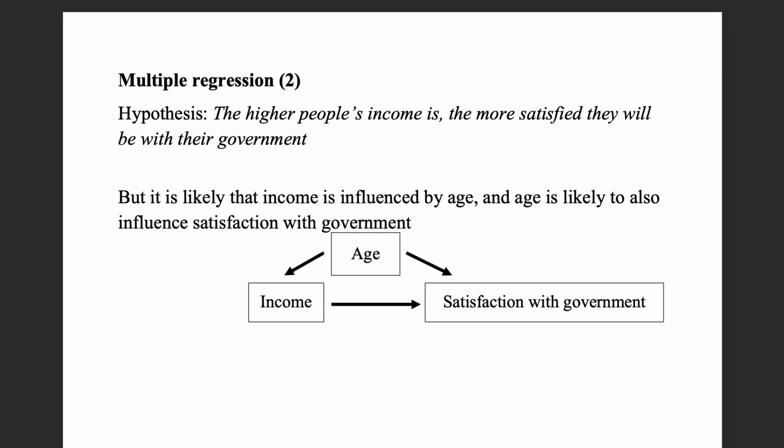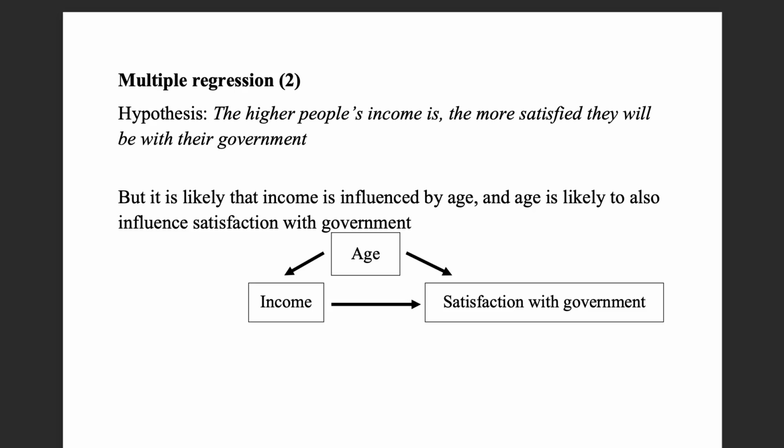So maybe the government is more in favor of policies that in particular favor the older people in the population and not so much the young people. And so these people might be more satisfied with government if the policies are in line with what is good for them, in their interest, basically.